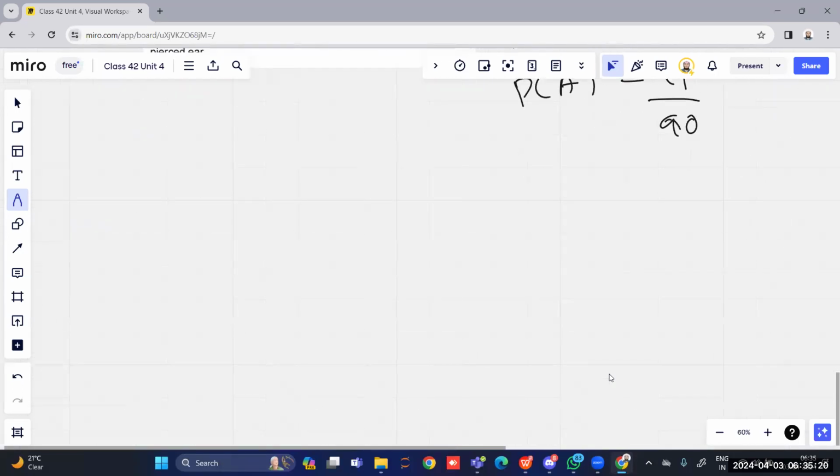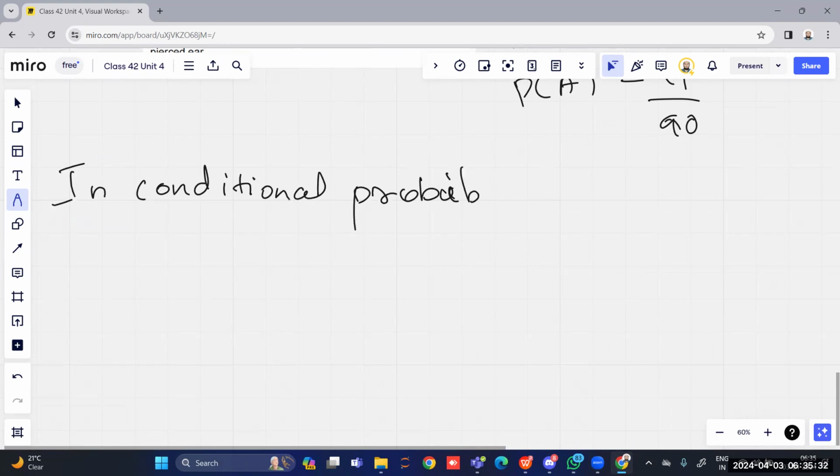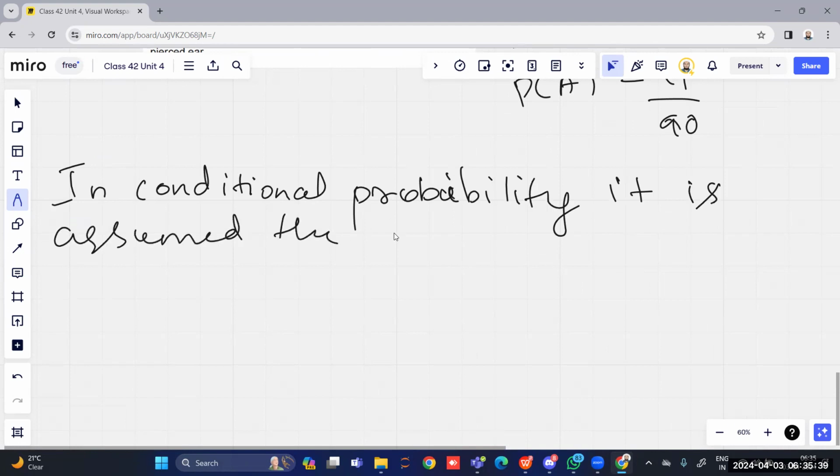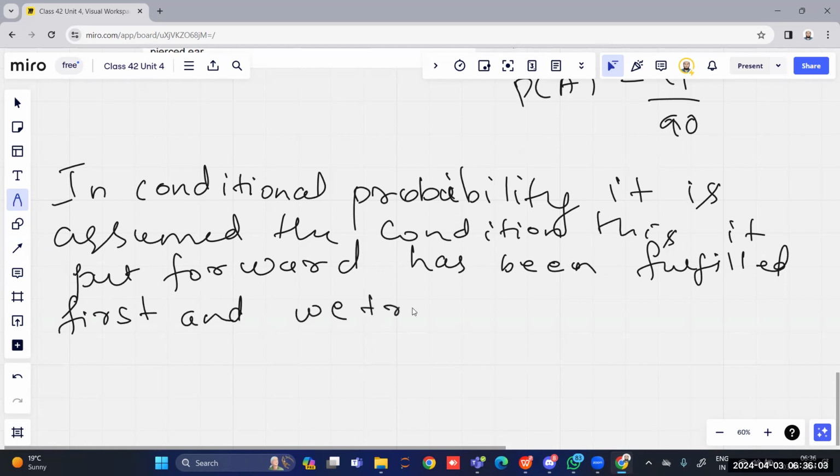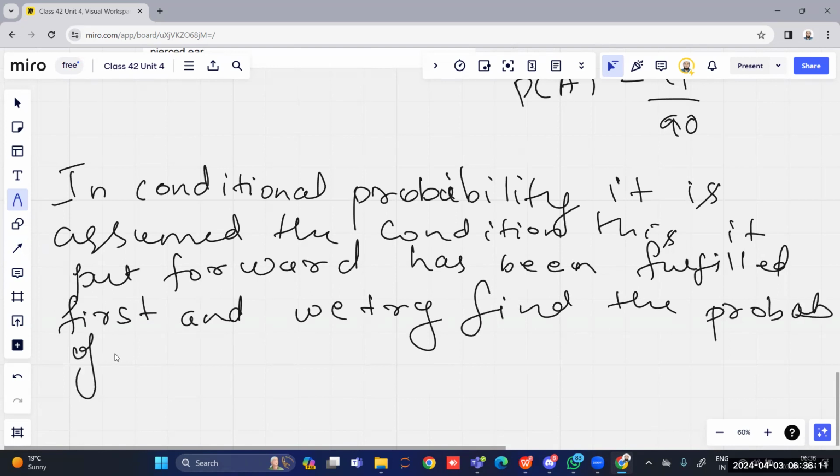In conditional probability, I'll write here: it is assumed that the condition that is put forward has been fulfilled first, and we try to find the probability of the given condition, fixing the first one.